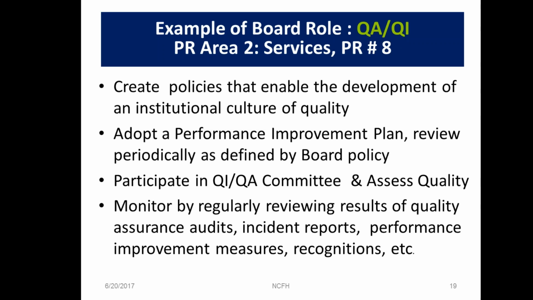The board's role is to create policies that enable the development of an institutional culture of quality, to adopt a performance improvement plan, which is reviewed periodically as defined by board policy. Board policy that you're going to review every year and approve, obviously make any changes if they need to be made on an annual basis.